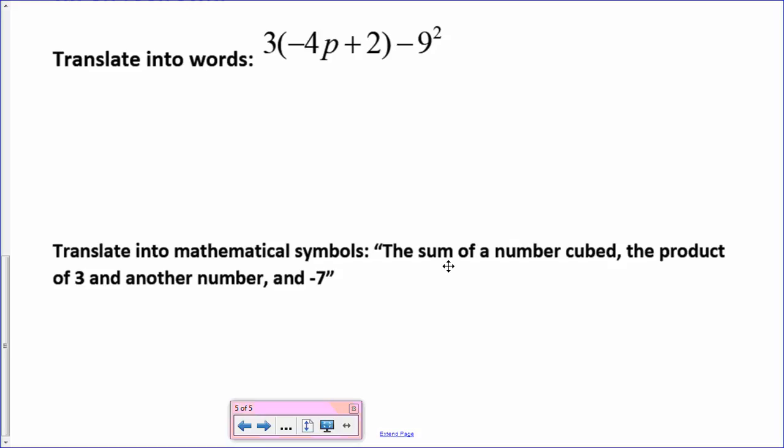Okay, so we're going to have to hear a couple of them to make sure they're okay. But we can talk about those in class. The second one, translating into math, the sum of a number cubed, the product of 3 and another number, and -7. Okay? So, go ahead and try these two on your own. We will check them in class.